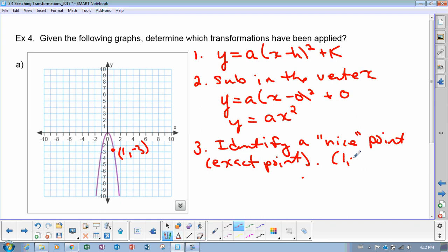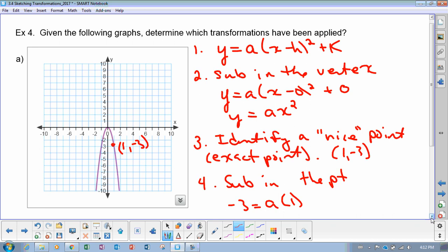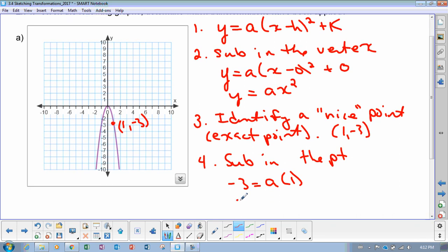As you probably guessed, that gives me a value for x and a value for y. So I'm going to sub in the point. y is -3, I don't know what a is, and x is 1. So in this example, -3 is equal to a. That means my equation is y equals -3 x squared.